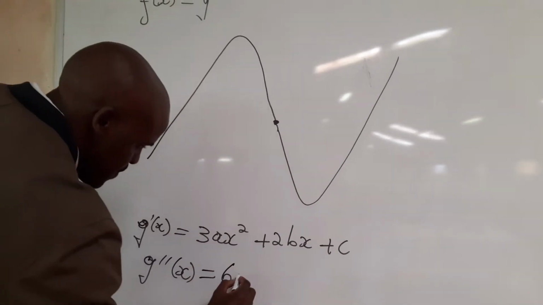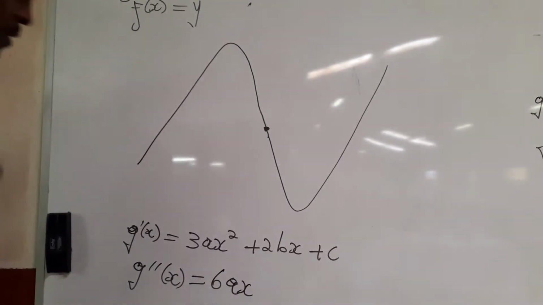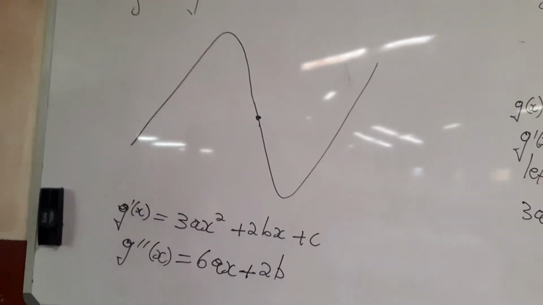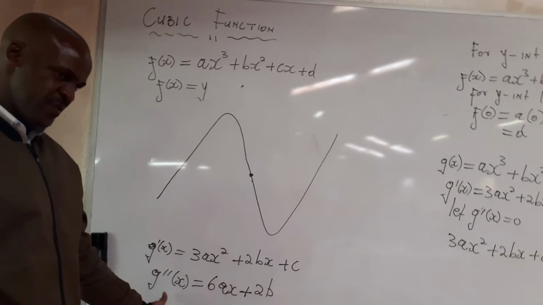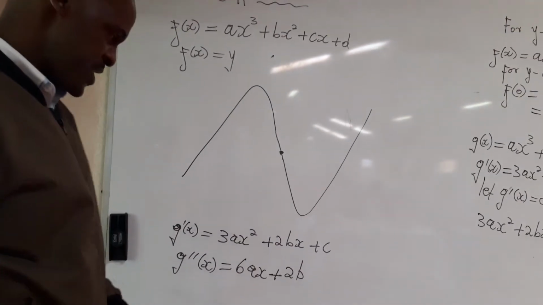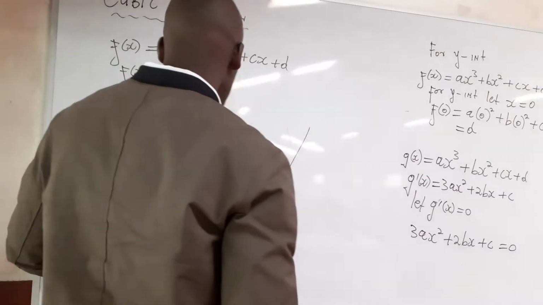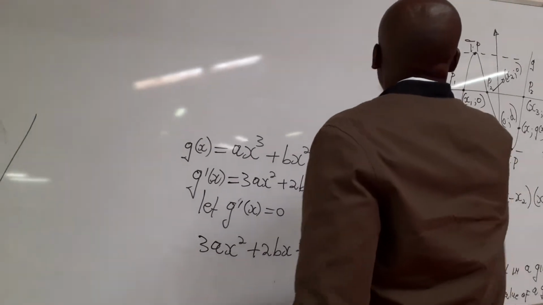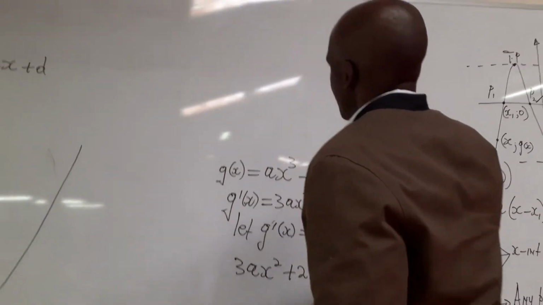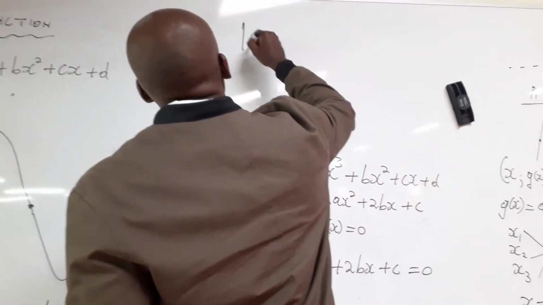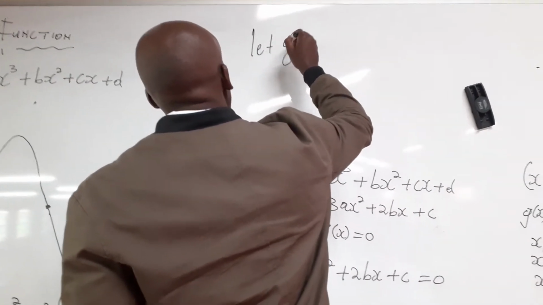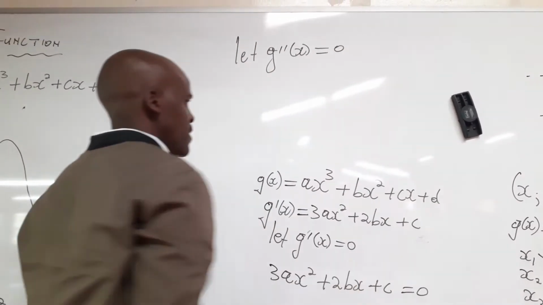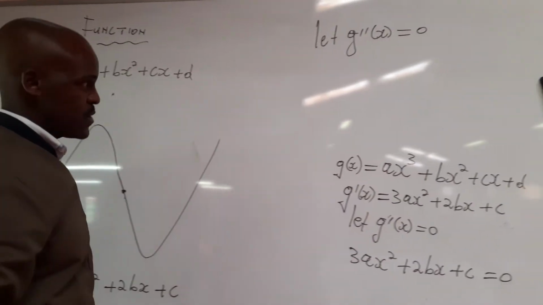This will be 6ax plus 2b. Right, after finding the second derivative, you let the second derivative be 0, and then solve for x.